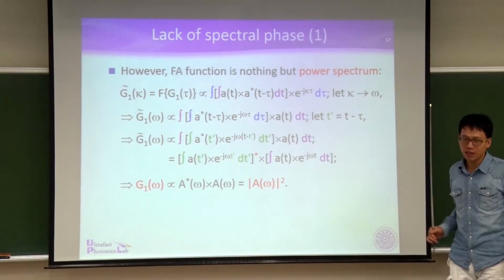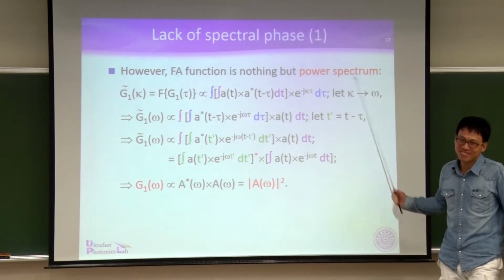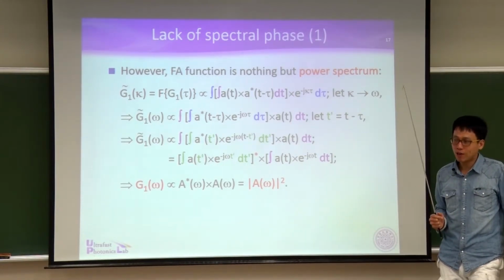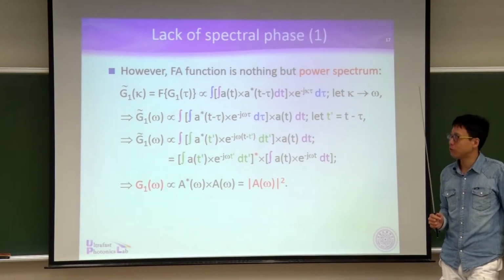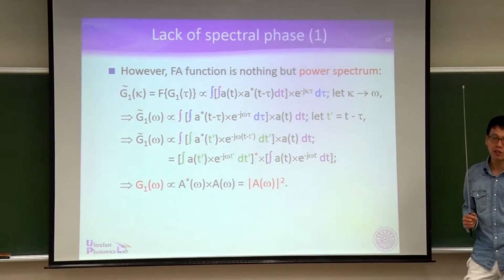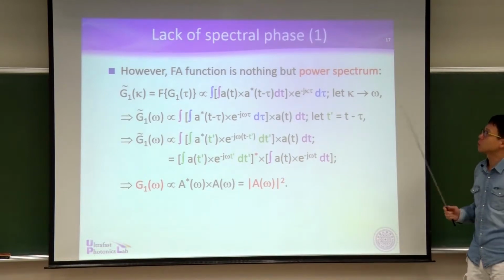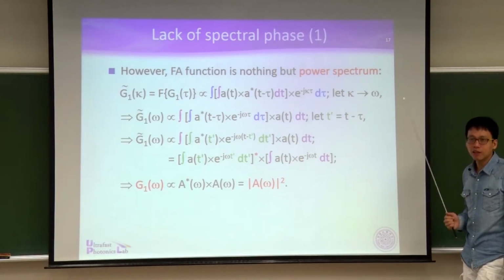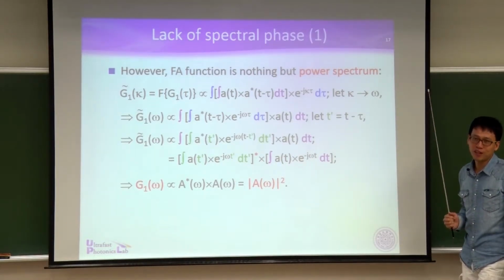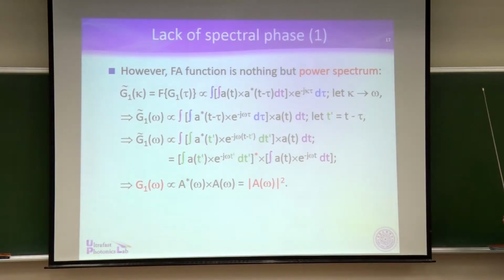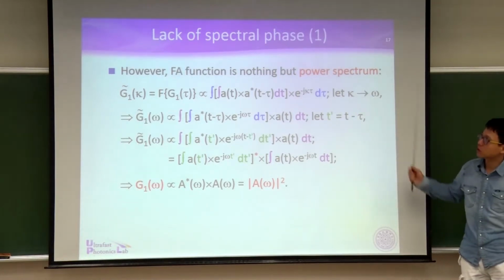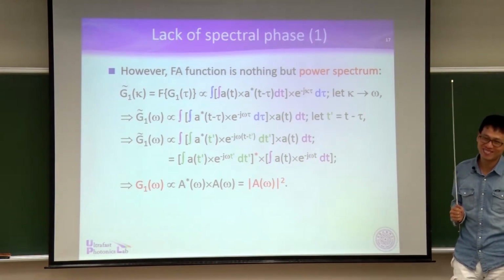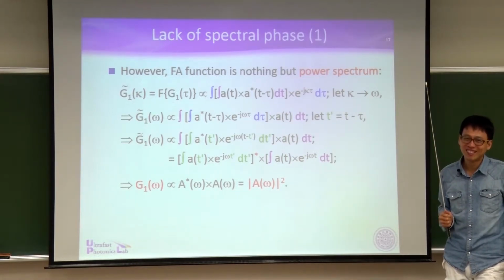So all the effort you spend to measure the field autocorrelation turns out to be equivalent to measuring the absolute square of A, which is the power spectrum. If that is the truth, it means there is no spectral phase information at all.